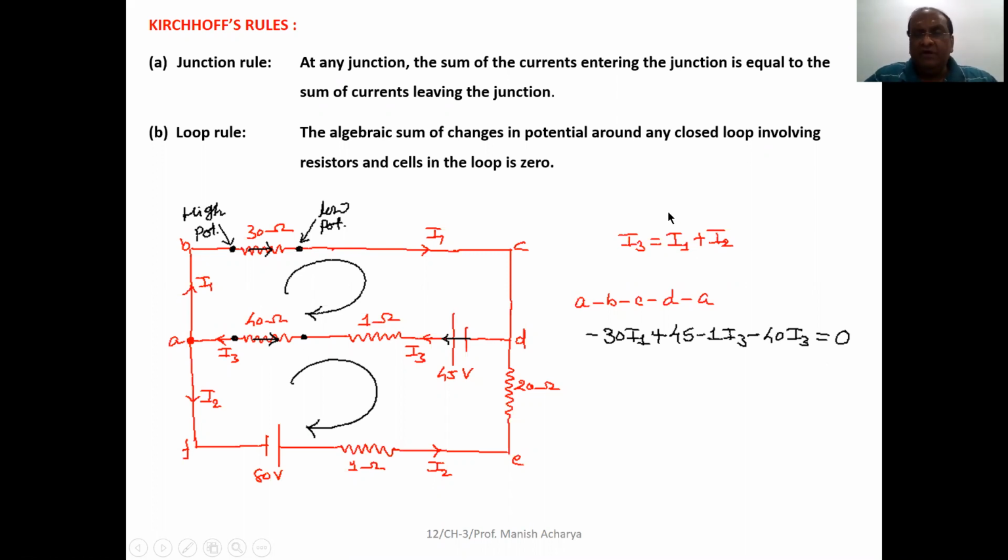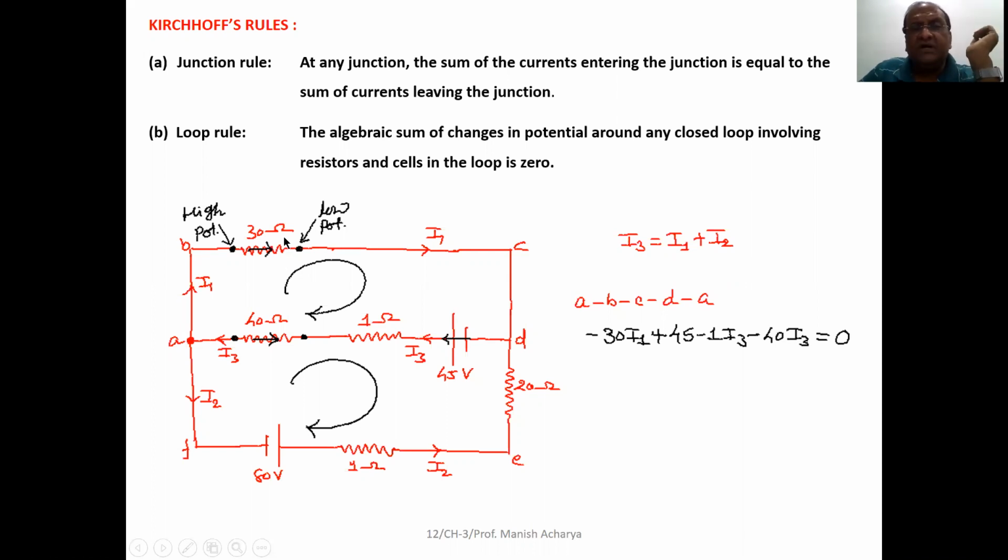Now, here we have to take the algebraic summation of all these potential differences which we calculated in this loop. Now see here, first think about this 30 ohm resistor. We know that current always flows from high potential to low potential.